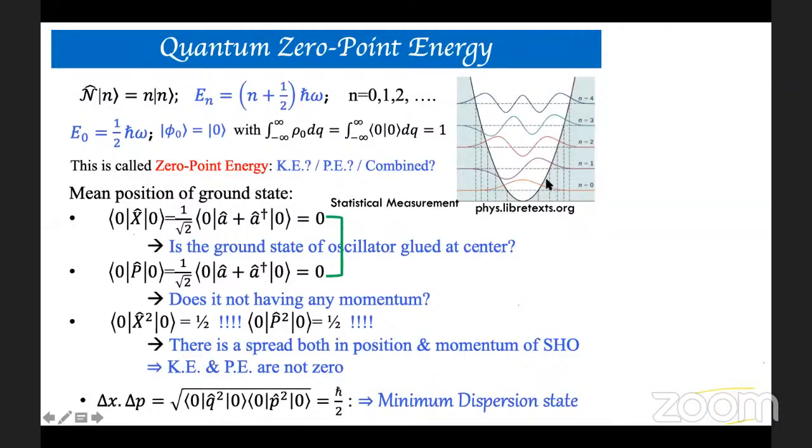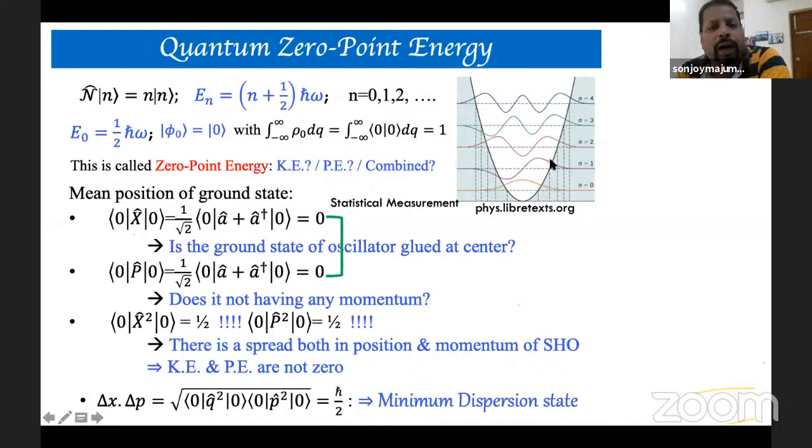Depending upon the temperature, thermal radiation may come, and that will excite the system from one level to another level. It will not do anything to the zero point energies. Even if you bring down the temperature to zero, this energy will be there. This is something fundamental, intrinsic to the system, irrespective of the temperature or ambience, anything.